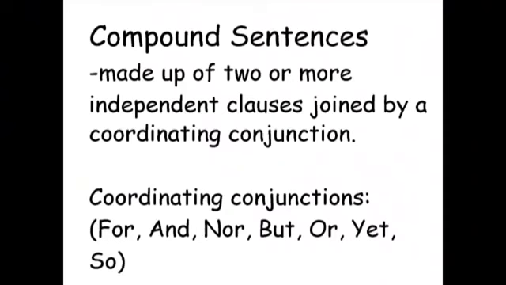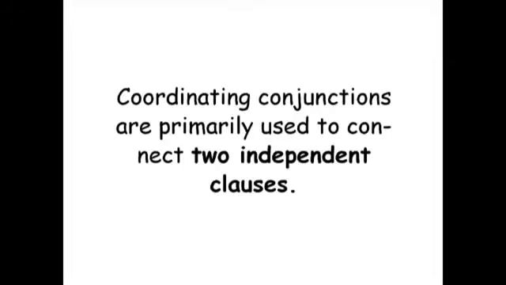Compound sentences are made up of two or more independent clauses joined by a coordinating conjunction. For, and, nor, but, or, yet, so. From our two examples earlier, let us try to combine them with the use of coordinating conjunction. Anyway, a coordinating conjunction is primarily used to connect two independent clauses.